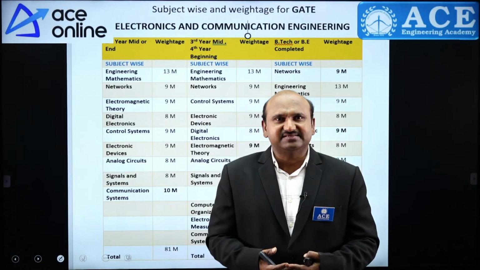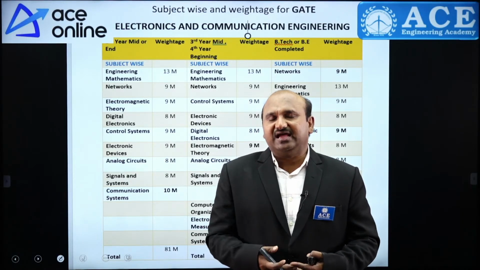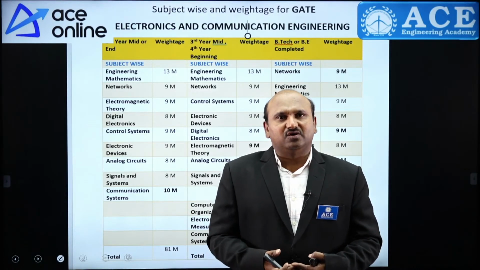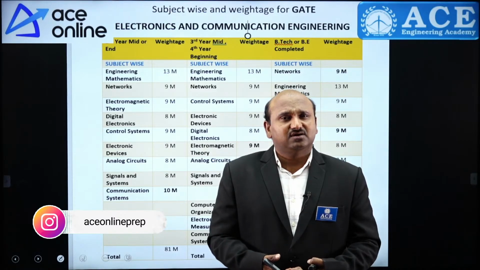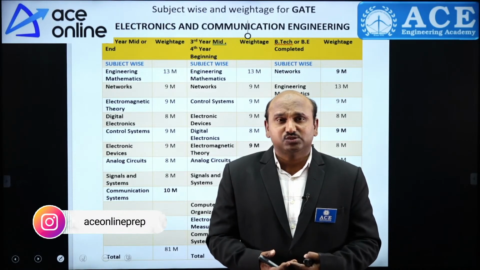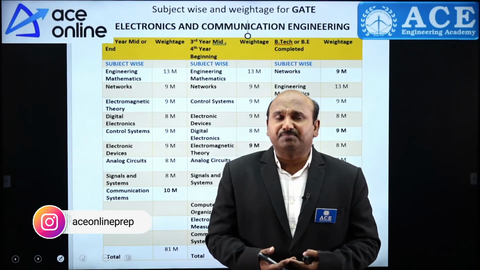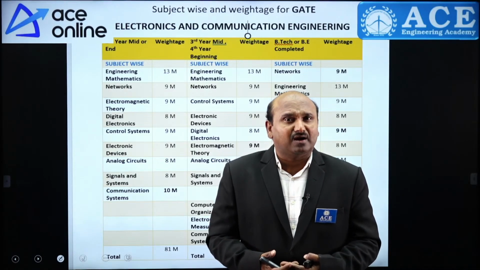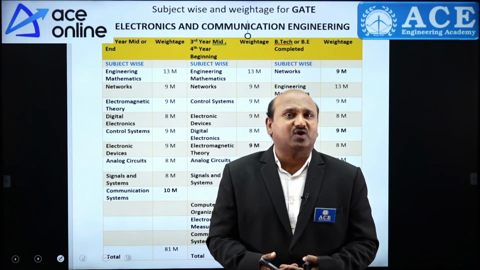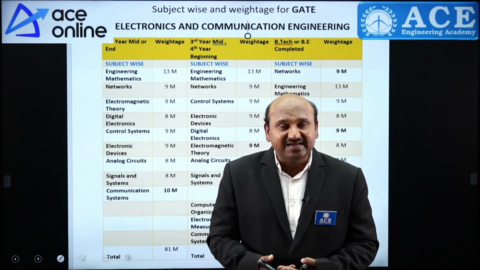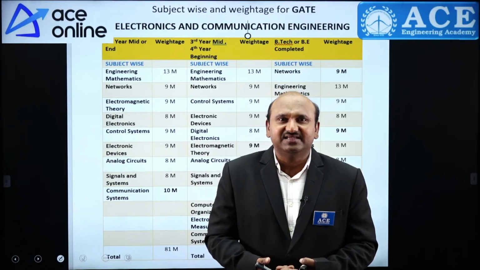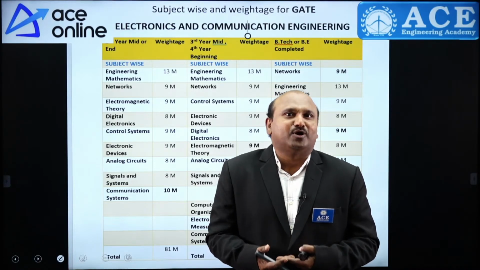Not only that, nowadays PSUs, public sector units, are recruiting students who are well qualified in the GATE examination. If you want a good settlement in your life, the GATE platform is very important for you.